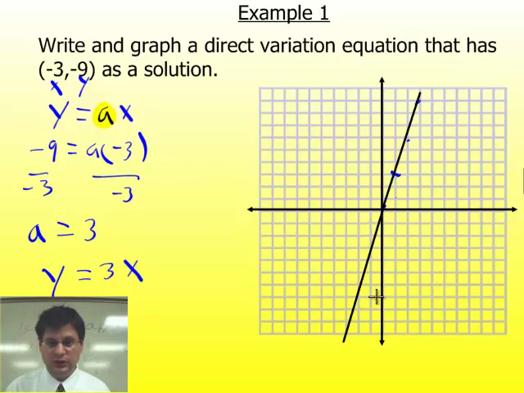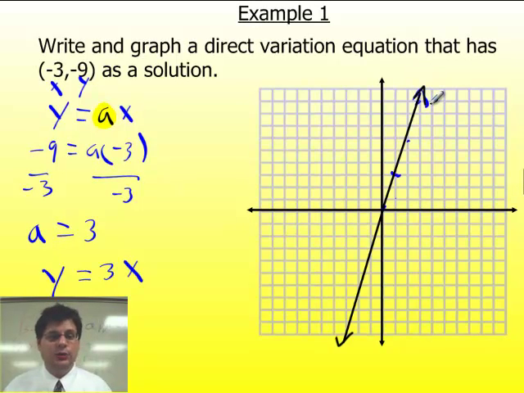Of course you would be using a straight edge and make your points look nice and clean. And don't forget your arrows. Okay, so that's how you can find it if given a point on the line, and you can graph it with that.